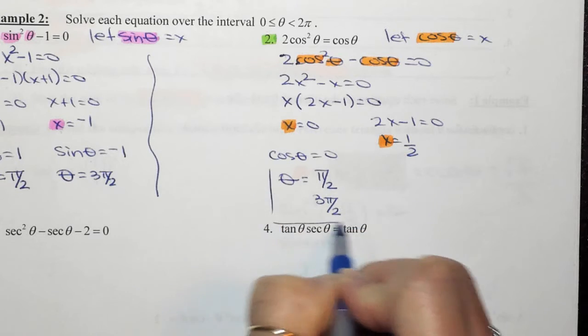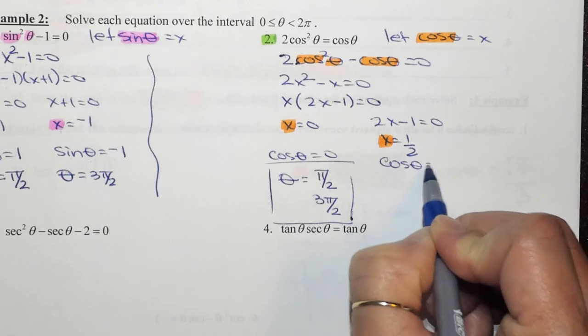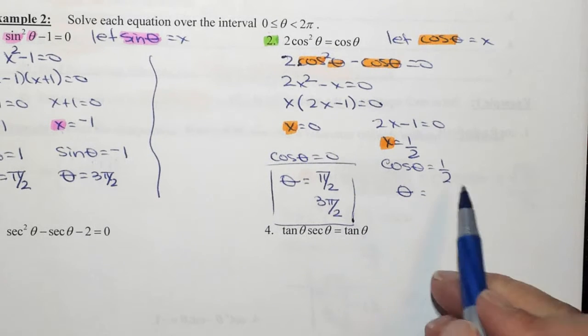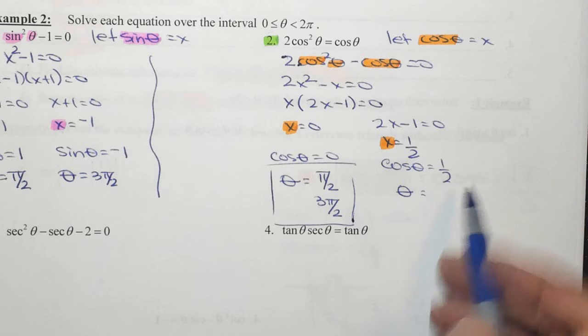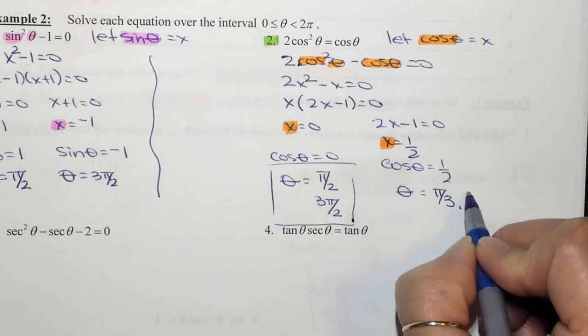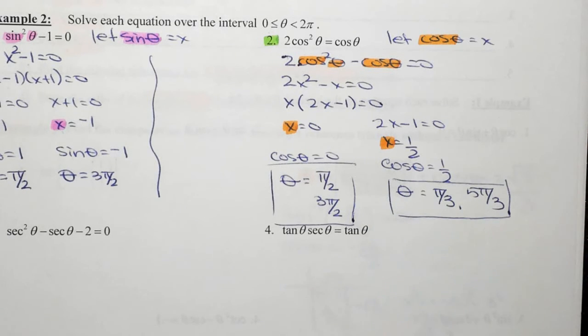There's 1. Then I need to look at this one. Cosine theta is equal to 1/2. I actually have 2 answers here. Where is cosine theta equal to 1/2? Pi over 3 and 5 pi over 3. So you have a total of 4 answers.